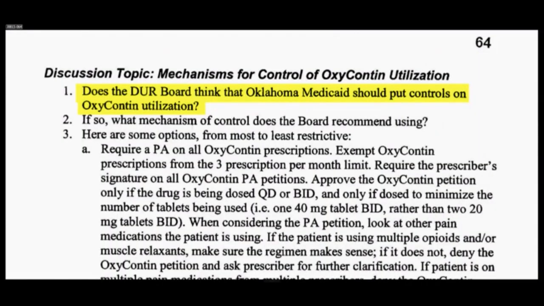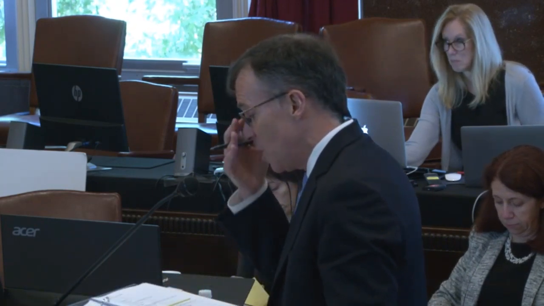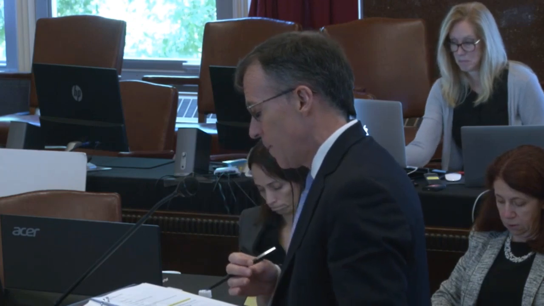And the difference is, in August of 2003, as opposed to July, there are various options that were presented to the board for addressing utilization of OxyContin in the Medicaid population, correct? You're saying there were options offered here, but there weren't options in the last one?